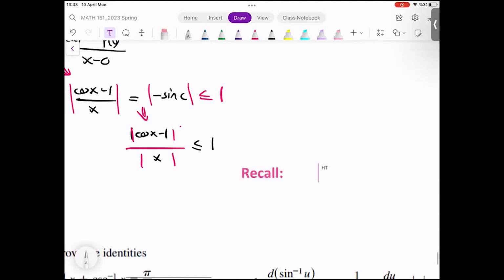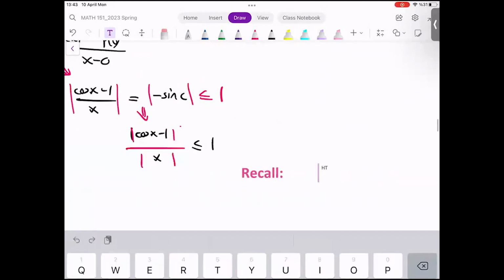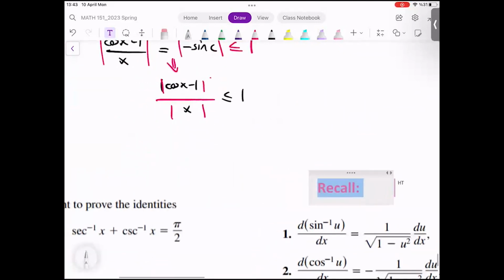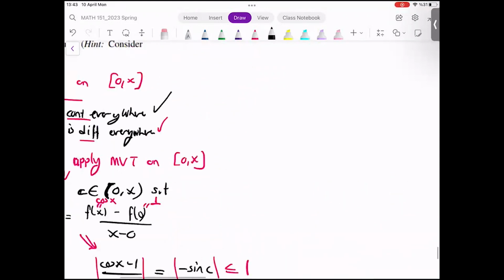Okay, I took it down. After this line, you can just multiply each side by the absolute value of x, just to get rid of the denominator. Multiply everywhere by the absolute value of x. So this is what we were trying to prove.